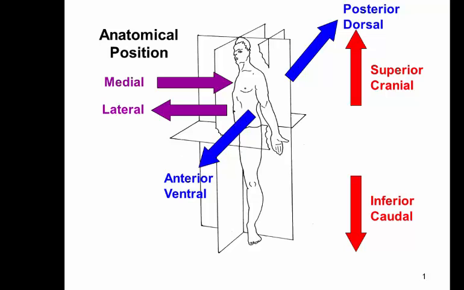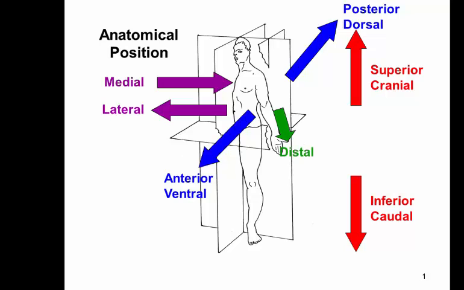The opposite to medial is lateral, and this refers to structures located away from the midline of the body. So if we look at the feet now, in the anatomical position, the little toe is located lateral to the big toe because the little toe is located further from the midline compared to the big toe.